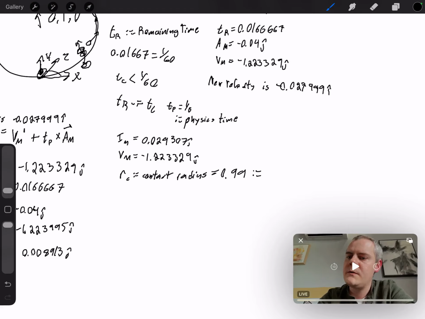And this is also the radius of the ball minus the radius of the marble.